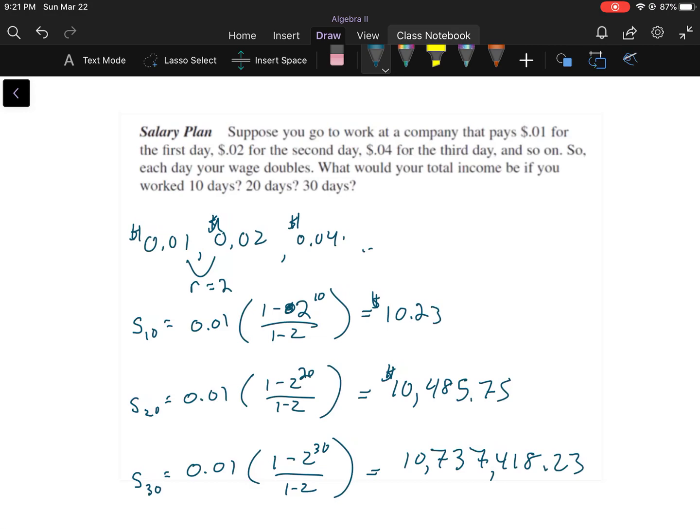So you're essentially making over $10 million if you take that deal and they double your wages after the 30 days. And that's why the whole thing is, would you take a penny and then double it every day, or would you just take the outright cash? And it's usually less than $10 million. Well, the answer is you take the double money, which is exactly what I like to do right now.